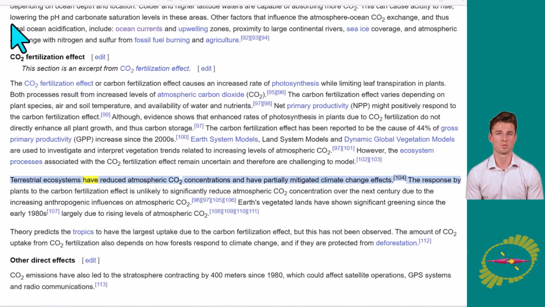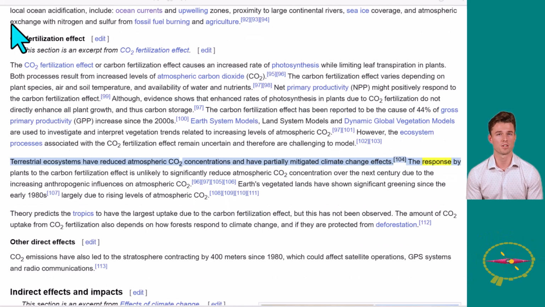Terrestrial ecosystems have reduced atmospheric CO2 concentrations and have partially mitigated climate change effects. The response by plants to the carbon fertilization effect is unlikely to significantly reduce atmospheric CO2 concentration over the next century due to the increasing anthropogenic influences on atmospheric CO2.